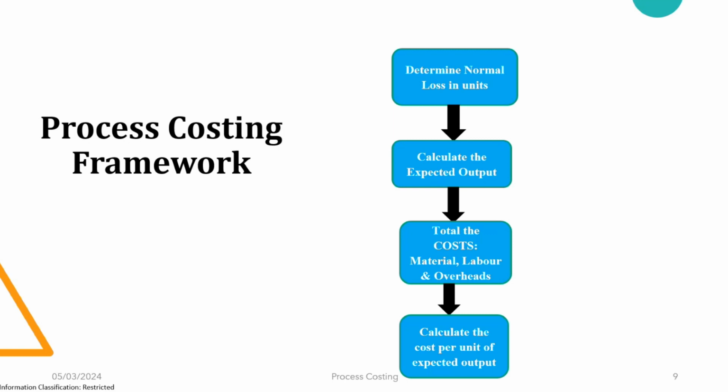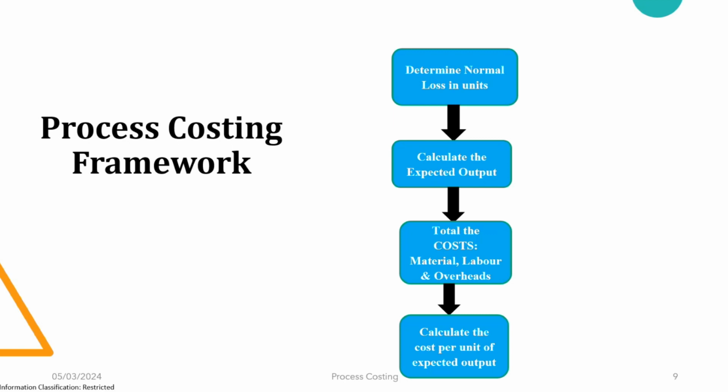Then calculate the expected output. In juice manufacture, for a certain period of time, the total output can be calculated. From beginning to end, the total output for that period is relatively possible to estimate. And when this number is obtained, look into the other costs, including material costs like the ingredients, and labor costs, including the people working in the factory, and some of the overheads.